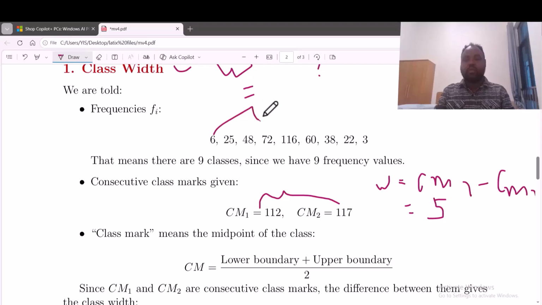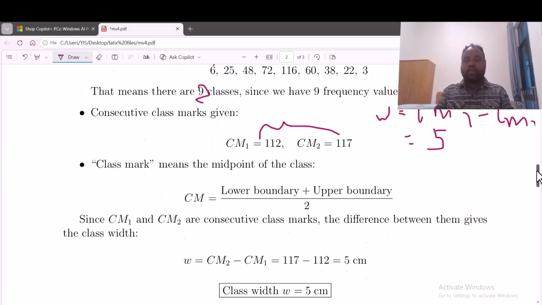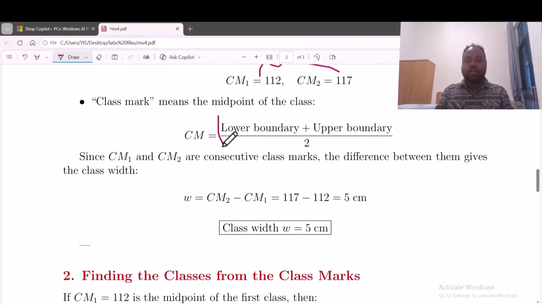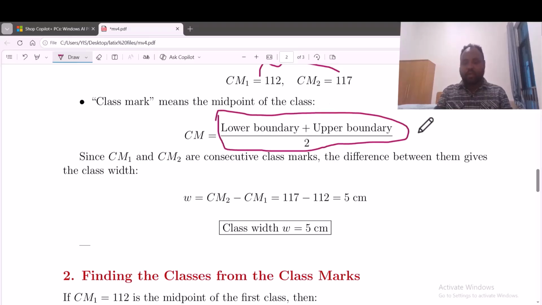From the frequency column, we understand that we have 9 classes, denoted by K: 1, 2, 3, 4, 5, 6, 7, 8, 9. We know the formula for the class mark, which is the average of the two class limits of a class: the lower class boundary plus the upper class boundary divided by 2, or the lower class limit plus the upper class limit divided by 2, is the class mark or midpoint.